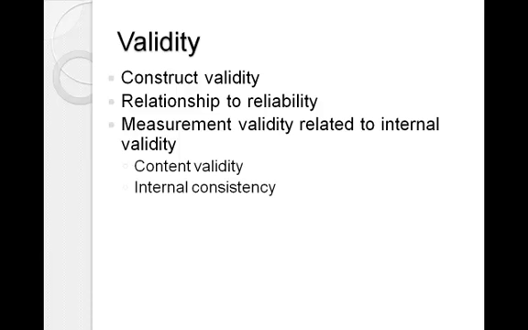Whenever you have multiple questions or observations that are supposed to tap the same construct, so again, I'm trying to get all this stuff to assess one thing, if it is a unidimensional construct, then all these questions relate to this one construct, and they should be internally consistent.